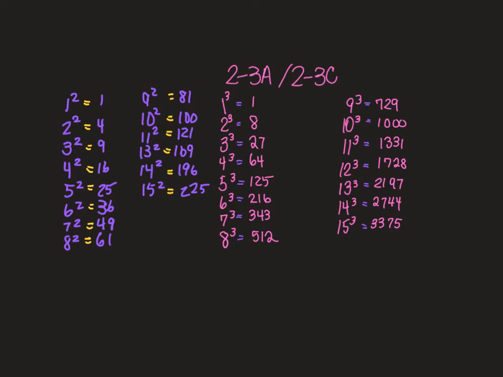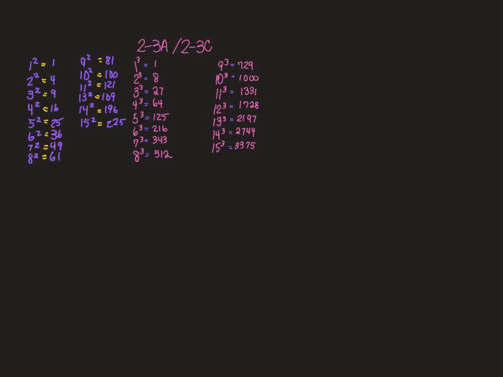All right, let's do some estimating. And so I went ahead and wrote out the square list again. So I'm going to make them small, keep them off to the side where we can see them. And what if I had a question that said, estimate the square root of 83? Okay, so I'm going to go to my square root list, and I'm going to say 83 is awfully close to, boom, 81.